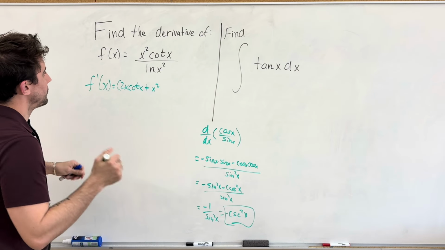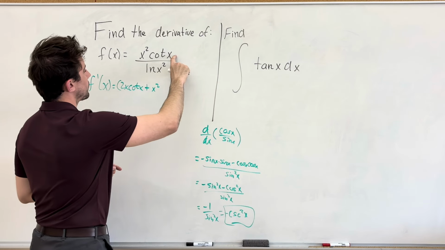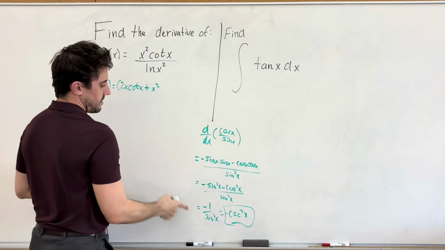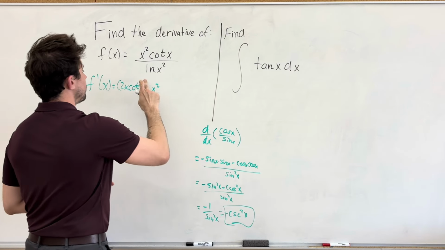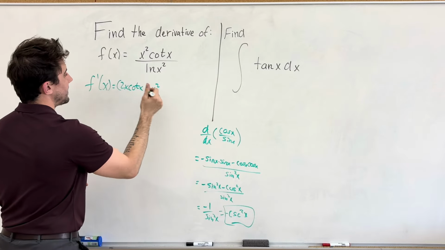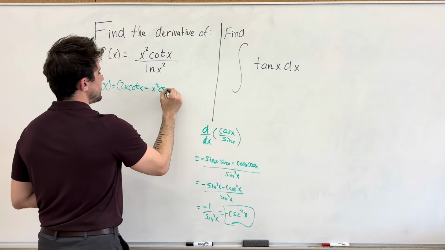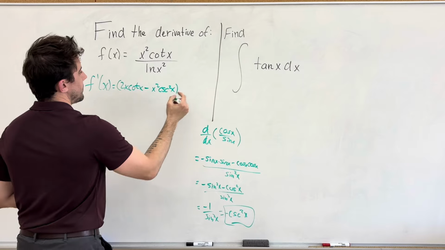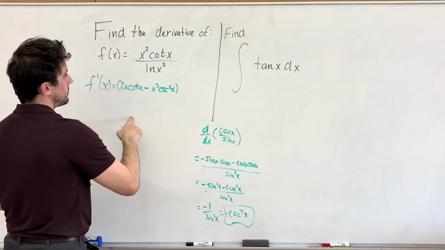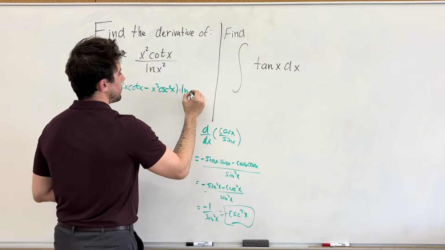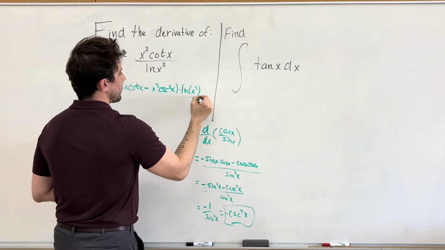So that'll be the derivative of this part of the product rule. So x squared times negative cosecant squared x; I'll pop that in there, and I'll make it negative x squared cosecant squared x. And that's times the denominator, so times ln of x squared.